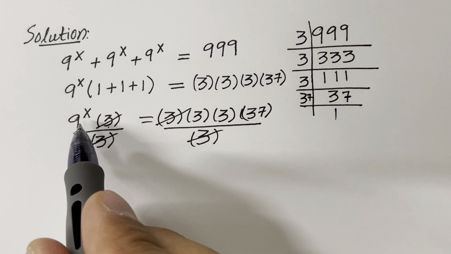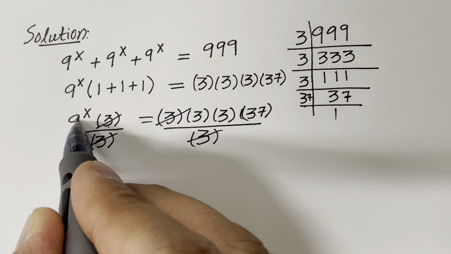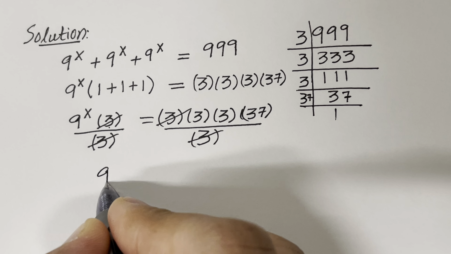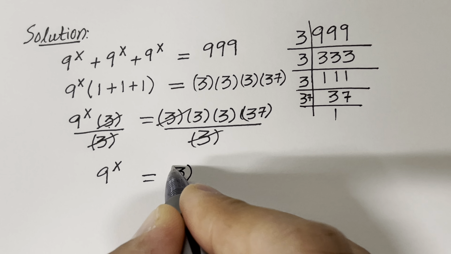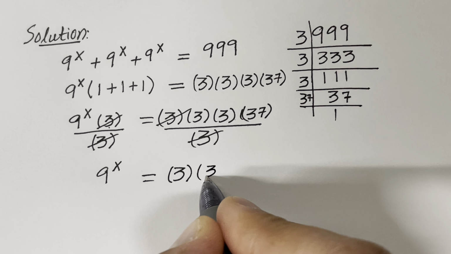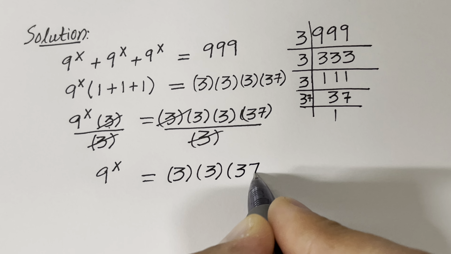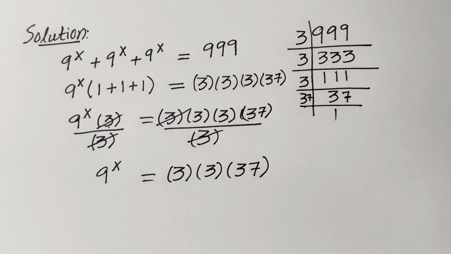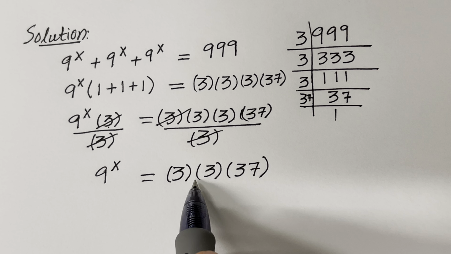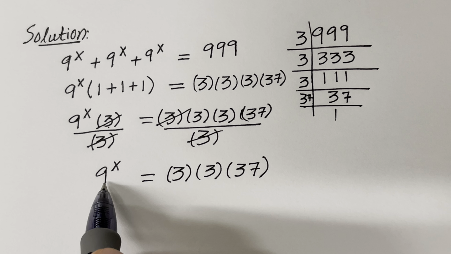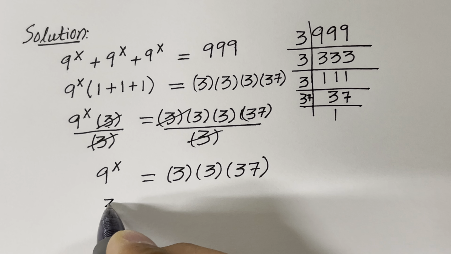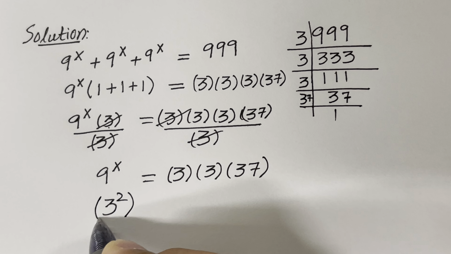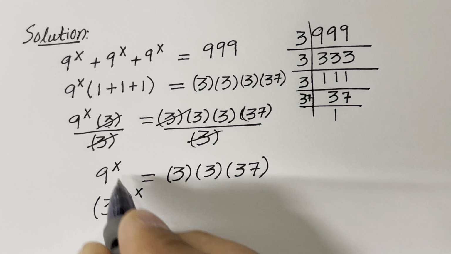Okay, so what is left over on the left hand side? On the left hand side we have 9^x, and on the right hand side let's keep the remaining, 3 times 3 times 37. Let's write 9 in terms of 3. So we can write 9 as 3 squared, and then the power of x is on top of it.